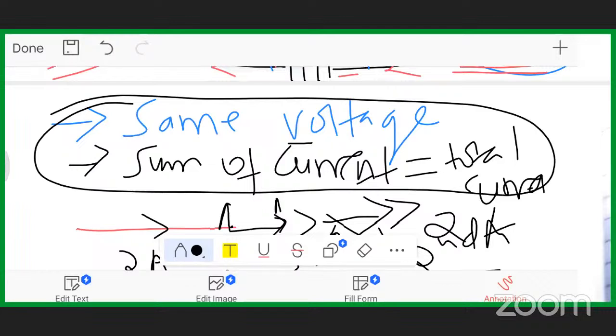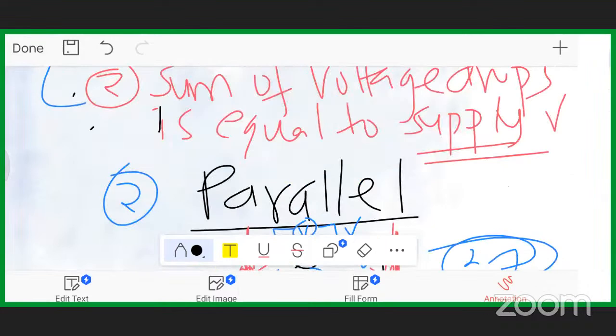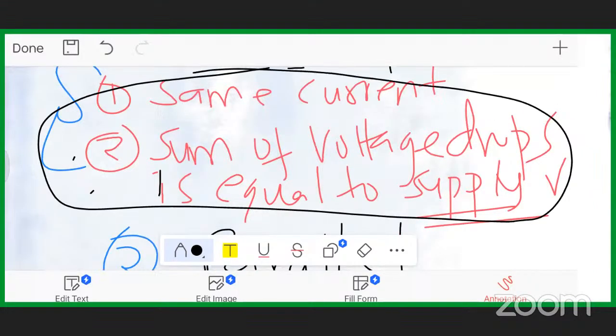And whether it is in series or parallel, these are the most important concepts to remember. So we have to remember this one, number 1, and also you have to remember this other one for the sake of series and also for parallel.